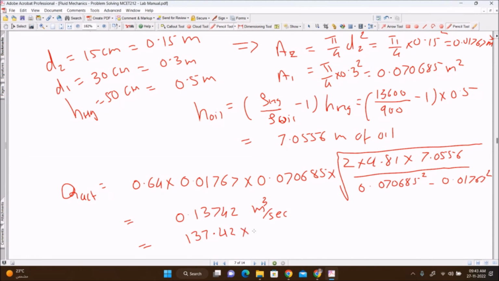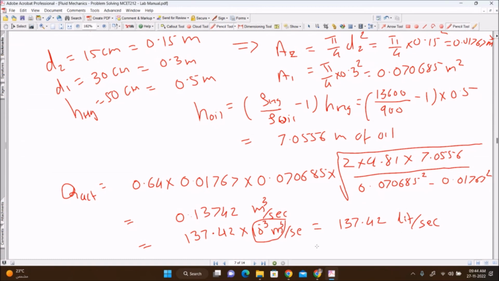137.42 into 10 to the power minus 3 meter cube per second. 10 to the power minus 3 meter cube is nothing but liter, so liter per second.